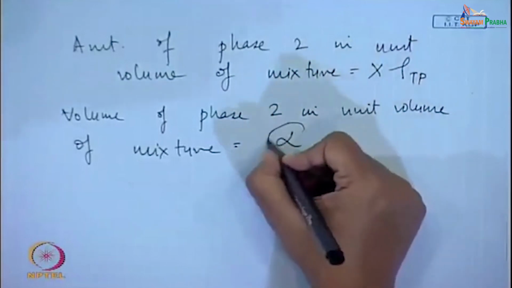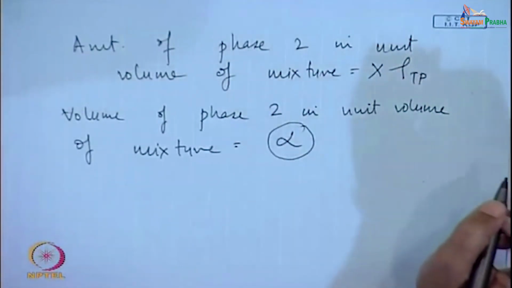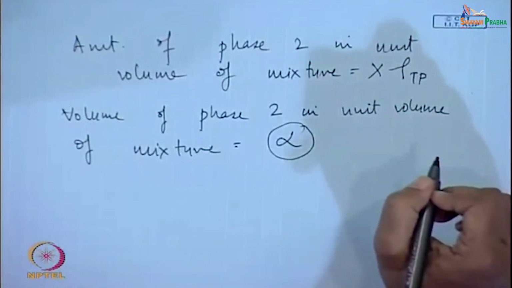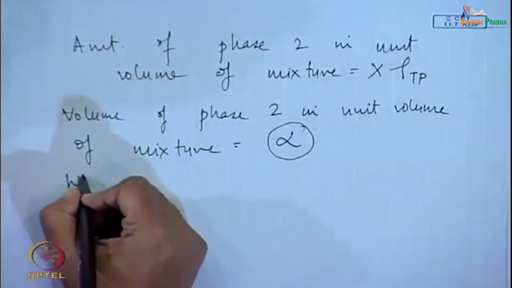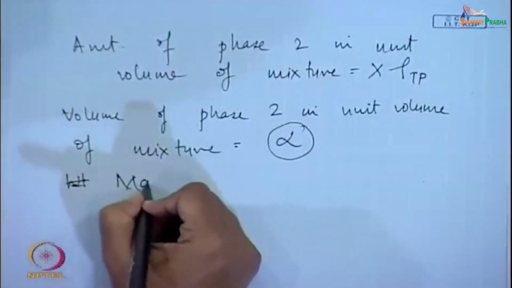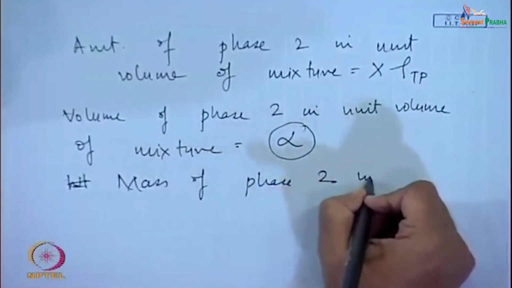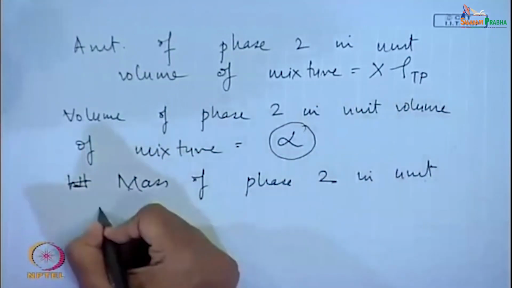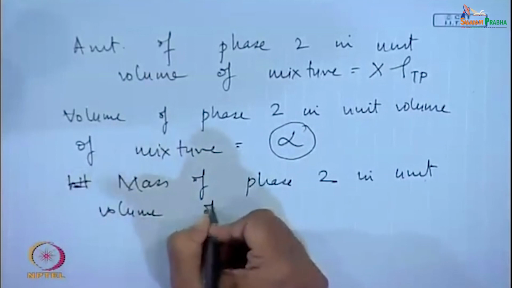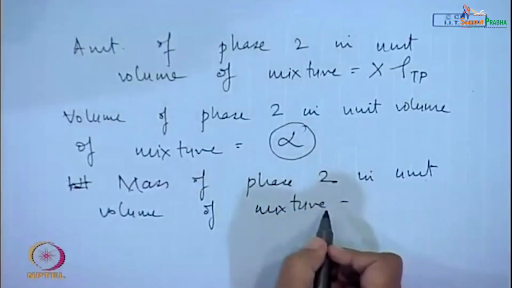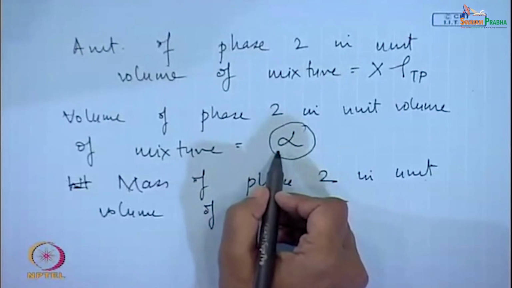What is the weight of this alpha meter cube or alpha liter of phase 2? The mass of phase 2 in unit volume of mixture: in unit volume of mixture, the volume of phase 2 is alpha.